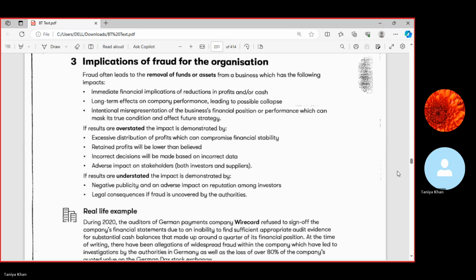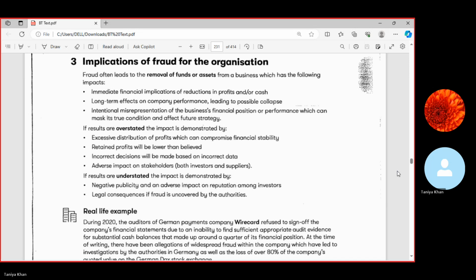Incorrect decisions will be made based on incorrect data, and when incorrect data are provided, the decisions based upon them will also be incorrect. Adverse impact on stakeholders, be it the investors, the suppliers, the customers of the company.